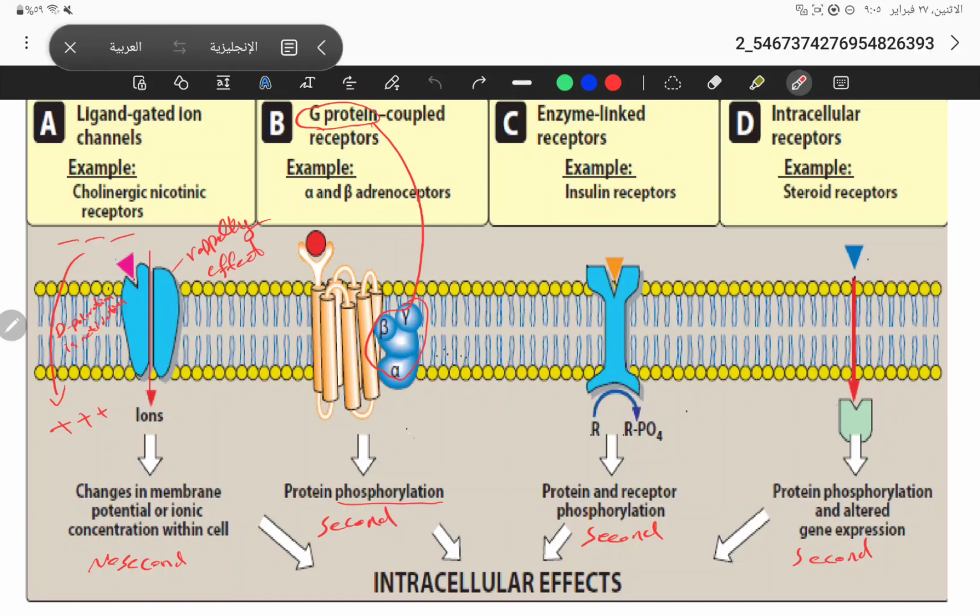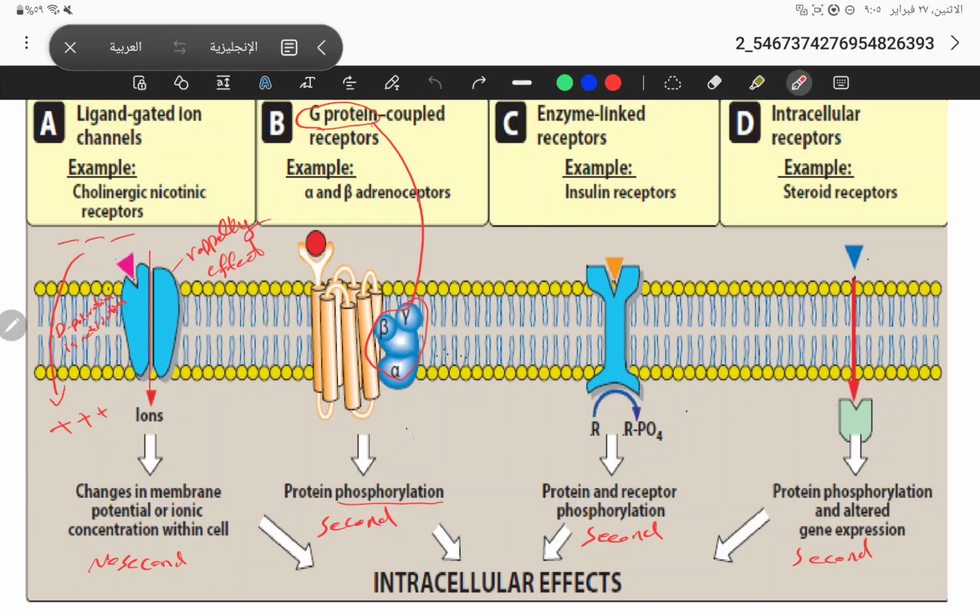The third type of family is called enzyme-linked. What is the meaning of enzyme-linked? These receptors contain within itself, within the molecule, enzymatic activity.